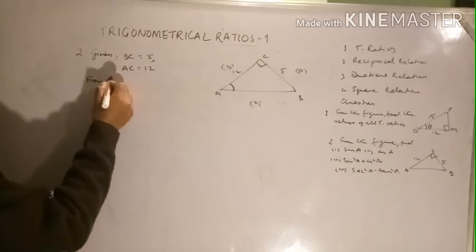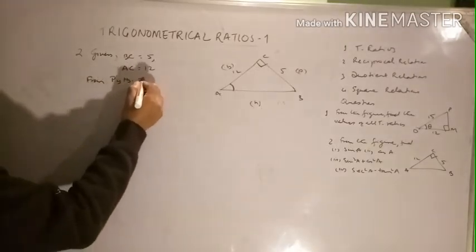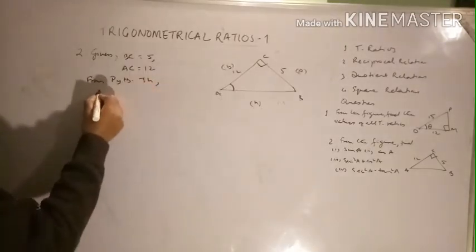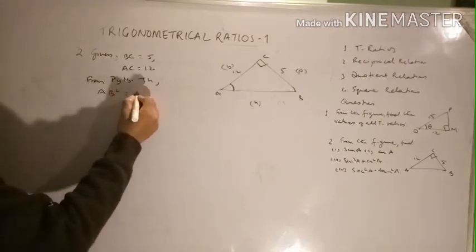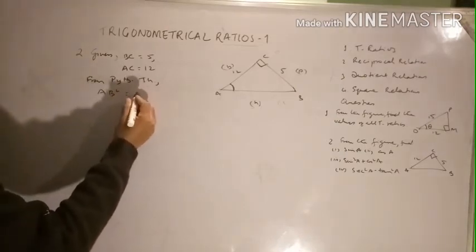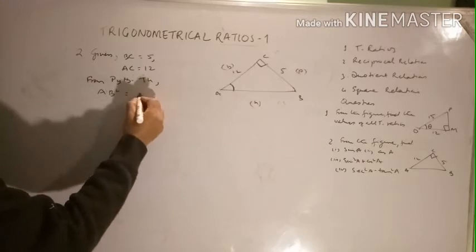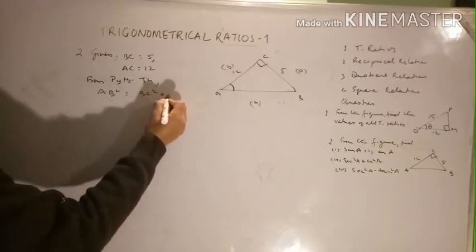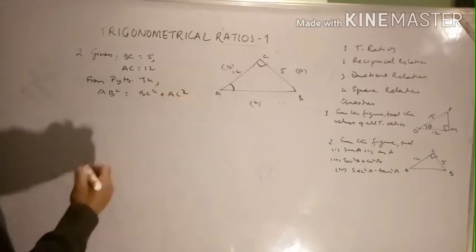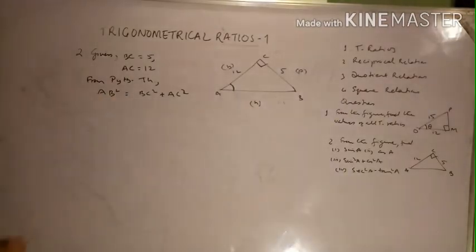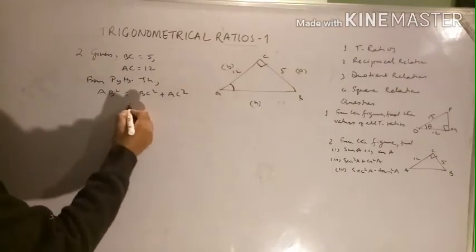So from Pythagoras Theorem, we have AB square equal to BC square plus AC square. You know, the longest side we keep on one side, and the sum of the squares of the other two sides on the other side. So AB square we have to find out.